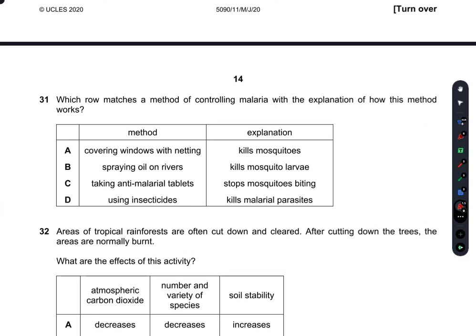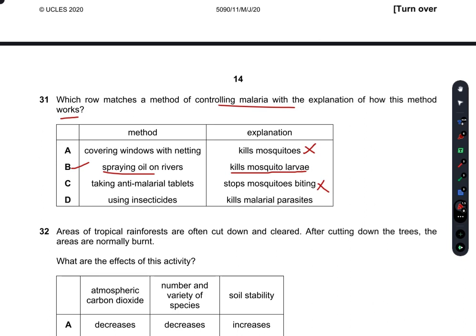Which row matches a method of controlling malaria with the explanation of how this method works? Covering windows with netting kills mosquitoes. No, it would only prevent the mosquito from reaching you. Spraying oil on rivers kills mosquito larvae. Yes, this can be true. Taking anti-malarial tablets stops mosquito biting. No, it kills the malarial parasites.